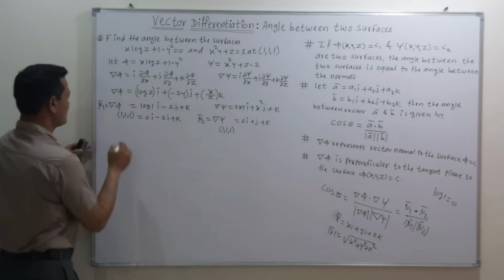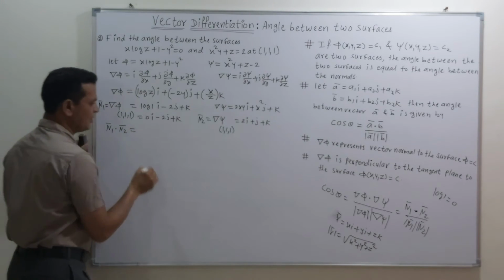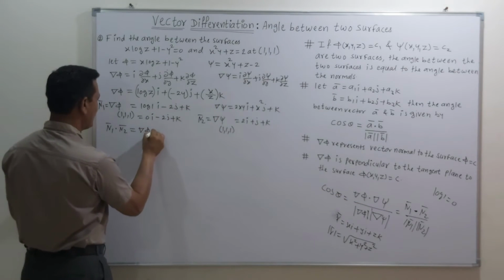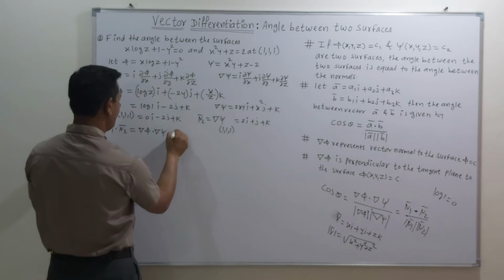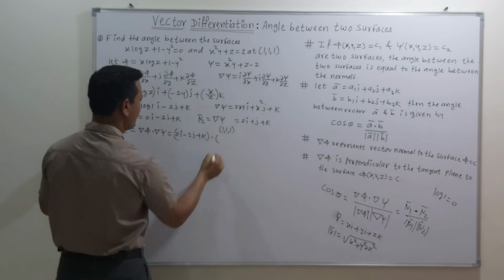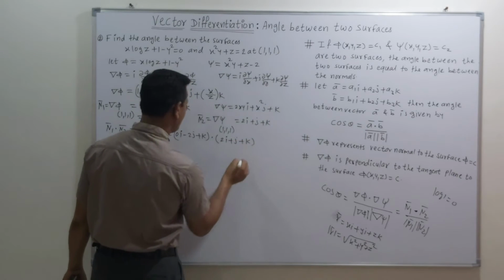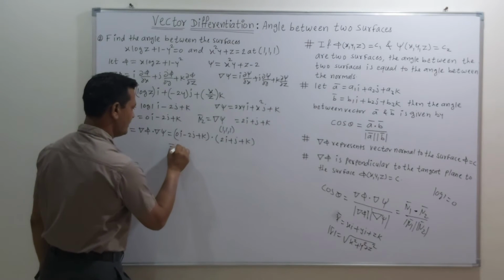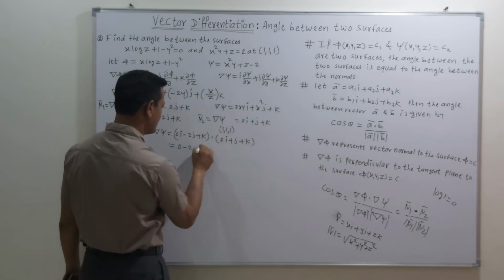First find the dot product of n1 and n2, so that we get the numerator. The value of n1 is 0i minus 2j plus k, and its dot product with n2, which is 2i plus j plus k, is 0 into 2, which is 0, then minus 2 into 1, that means minus 2, then 1 into 1, which is 1.